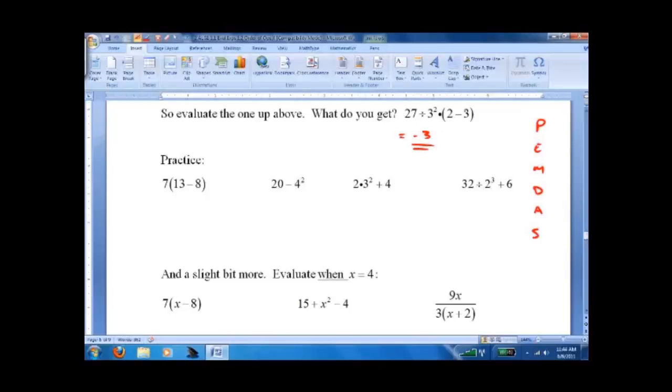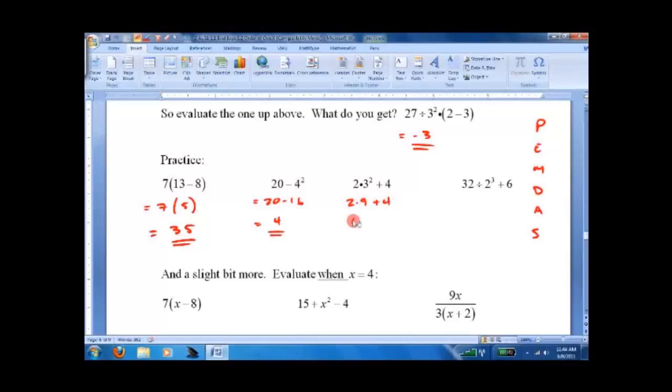So practice. Well, the first thing we do here is parentheses. And again, you may want to pause the recording right now so you can practice on your own. 7 times 5. And that equals 35. Here we do the exponent first. 20 minus 16. That equals 4. Here we do the exponent first. 2 times 9 plus 4.